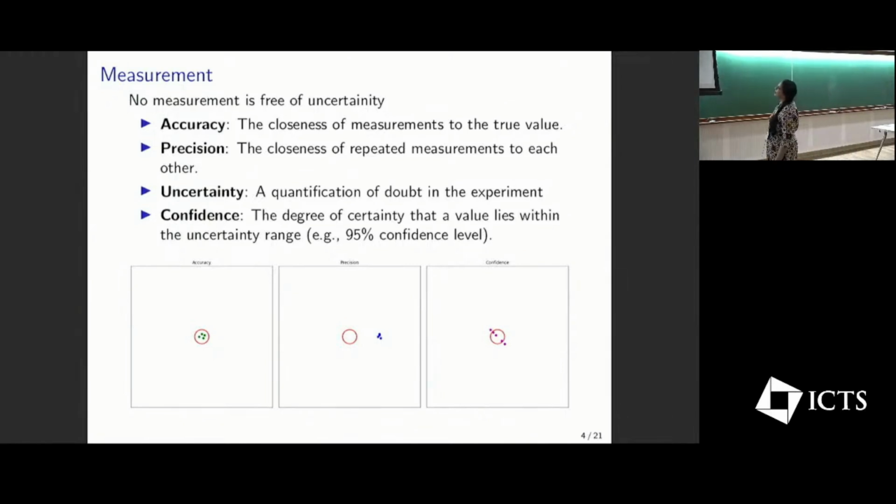It's basically a number that you give to how much doubt you have in a measurement. And a measurement also typically has to come with a confidence value. So how confident are you that your estimate is close to the true value, okay? We won't talk that much about confidence today, but just keep in mind that there is this extra thing.